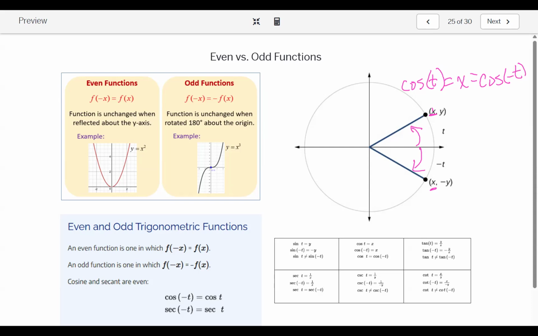If I look at the sine values though, the sine of positive t is y. The sine of negative t is negative y.